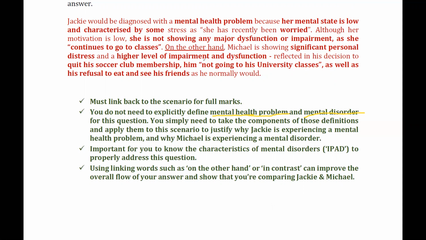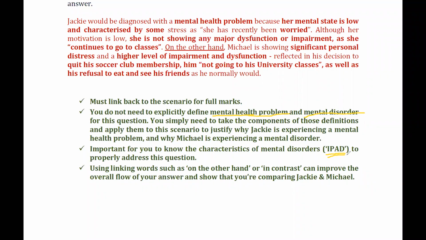Okay, so it's all about applying what you know about mental health problem and mental disorder back to the actual scenario that you've got there. Like I said before, it's always good to link back to the characteristics of mental disorder. So using that iPad memory tip that we know: impairment, personal distress, atypical thoughts, feelings, or behavior, and dysfunction.